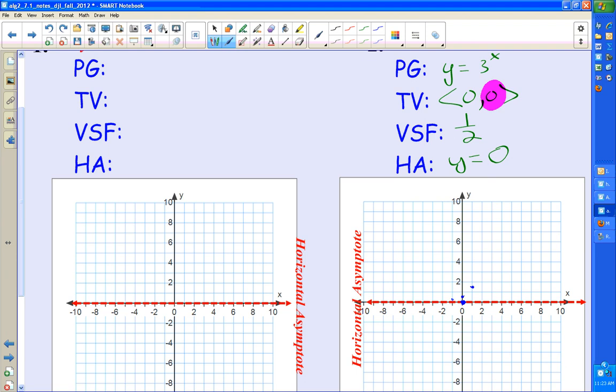Now, sometimes that's not enough, especially when you have a vertical stretch factor less than 1. It's hard to get the whole graph in there. I would usually go right 2 here, and instead of going up 9, we're going to go right 2, up 4.5. That point is a legitimate point on our graph. We're not going to be able to go right 3, up 27 divided by 2, because that's off of our graph, so that's enough.